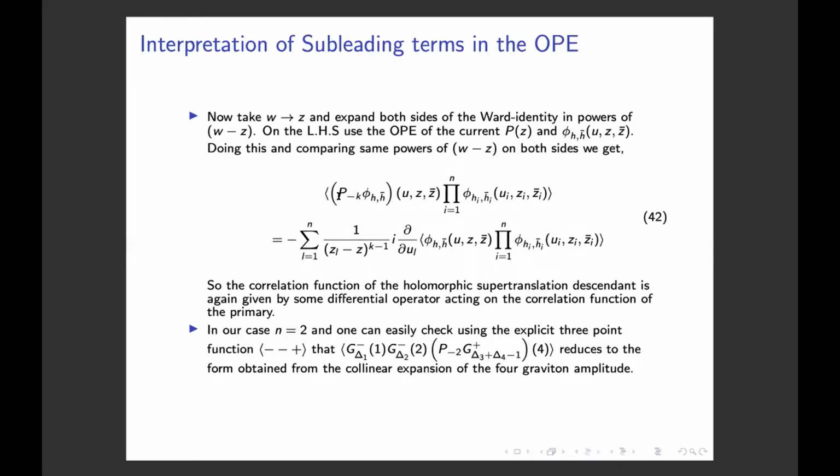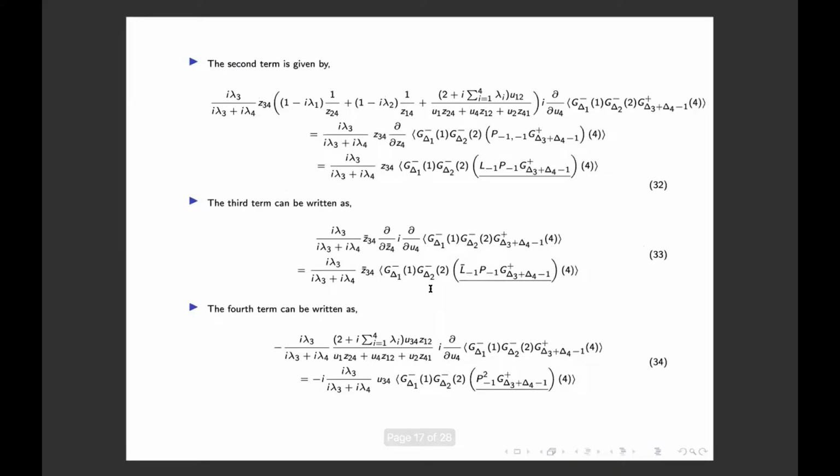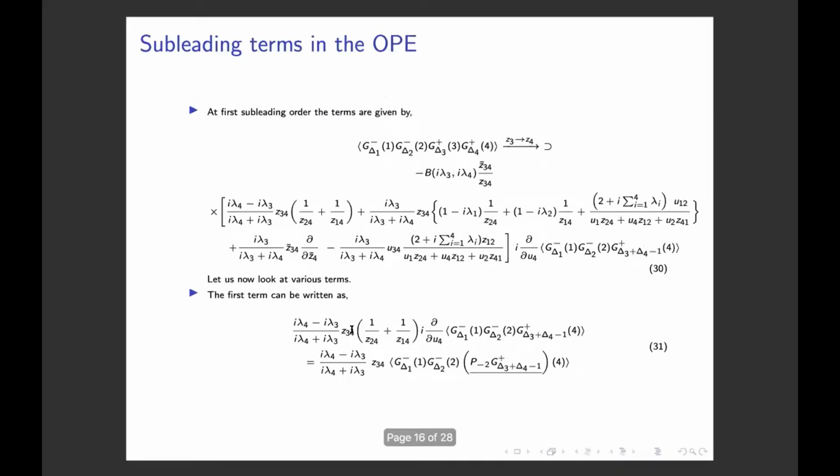So this is a descendant field, and its correlation function is given by this sum. Now you can see that if you set k equal to 2, you can see this structure, which is 1 over z_14 and z_24. So that's what we have. In our case, n is equal to 2 and k is 2. So you can substitute this, and what we will get back is essentially this expression which you have here.